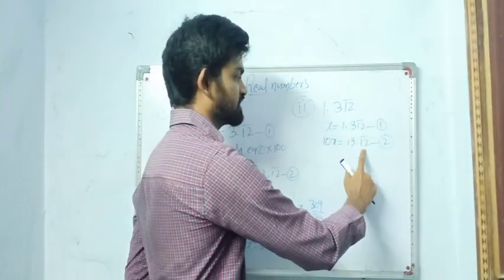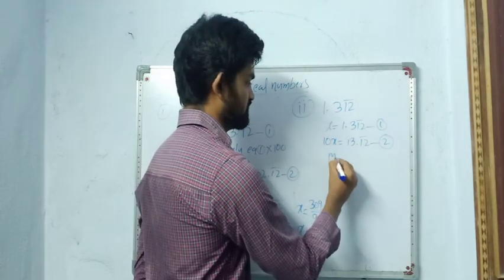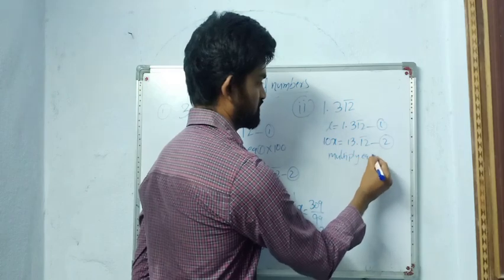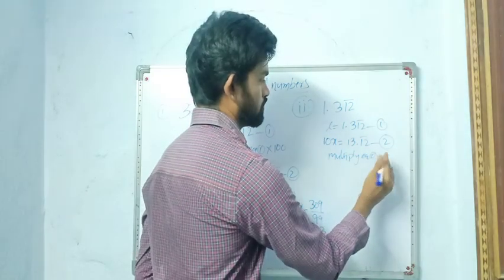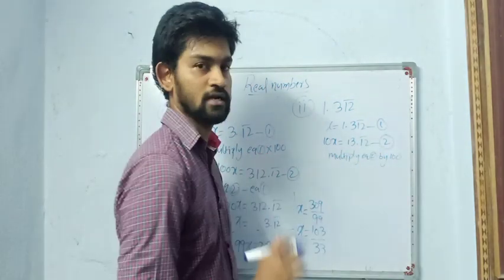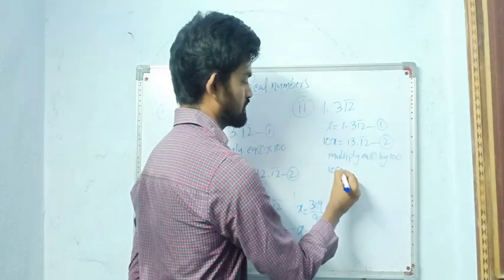Now how many numbers are under the bar? 2. So multiply equation 2 by 100 because two digits are under the bar. So 10 into 100 is 1000x.